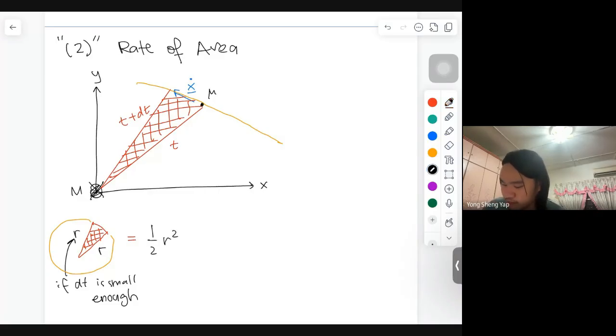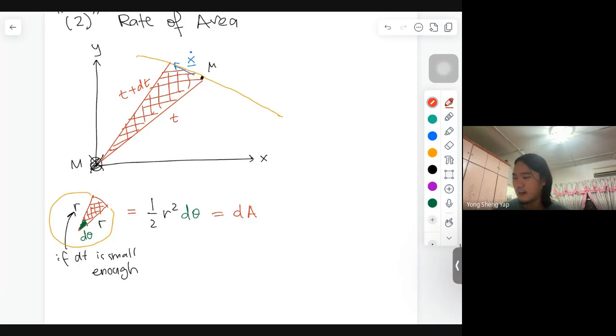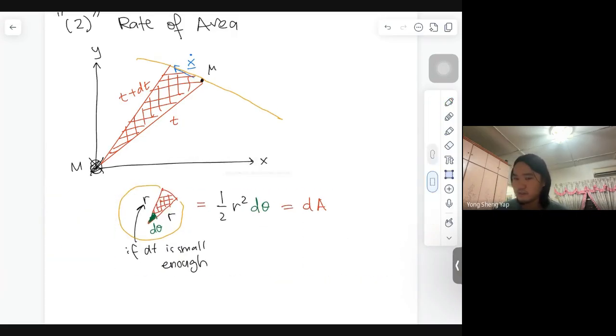And then this small area that the reduced mass draws out is half r squared d theta. This is the small area swept out by the reduced mass in the small amount of time that it has traveled.